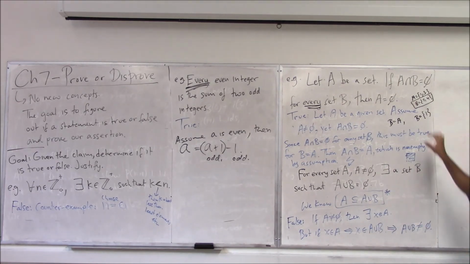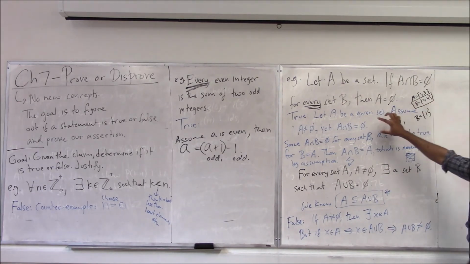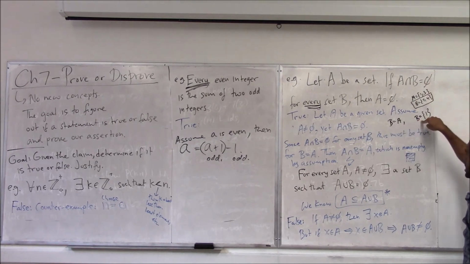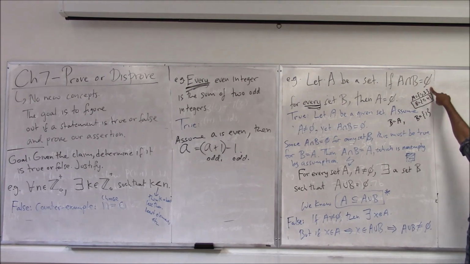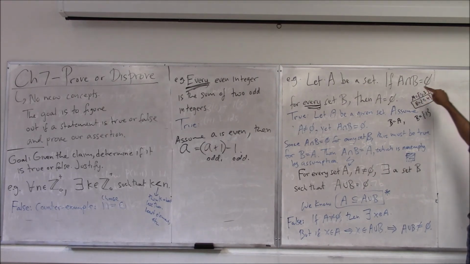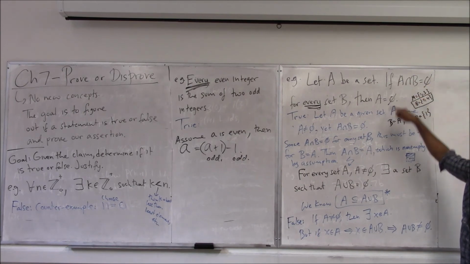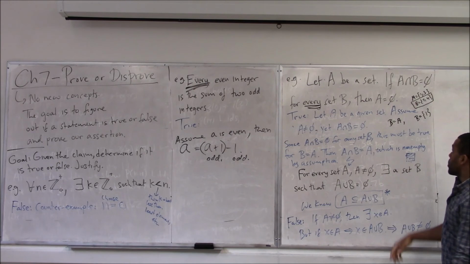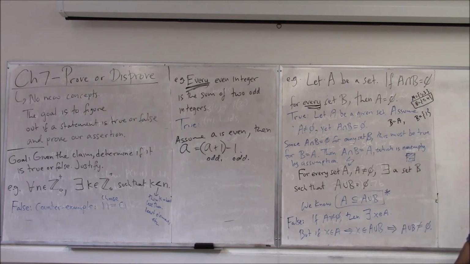And the claim is, no matter what you choose it to be, the intersection must be empty. But there are choices for B where the intersection is not empty. So there are choices of B where the first part is not fulfilled. For those choices of B, I have an implication where the first statement is false, so it's true vacuously. Whereas for the other choices of B, A has to be empty.